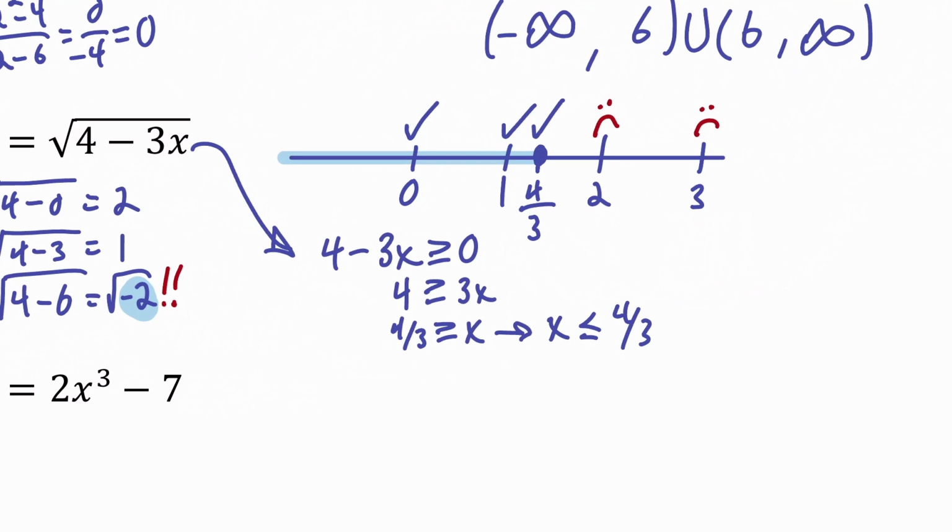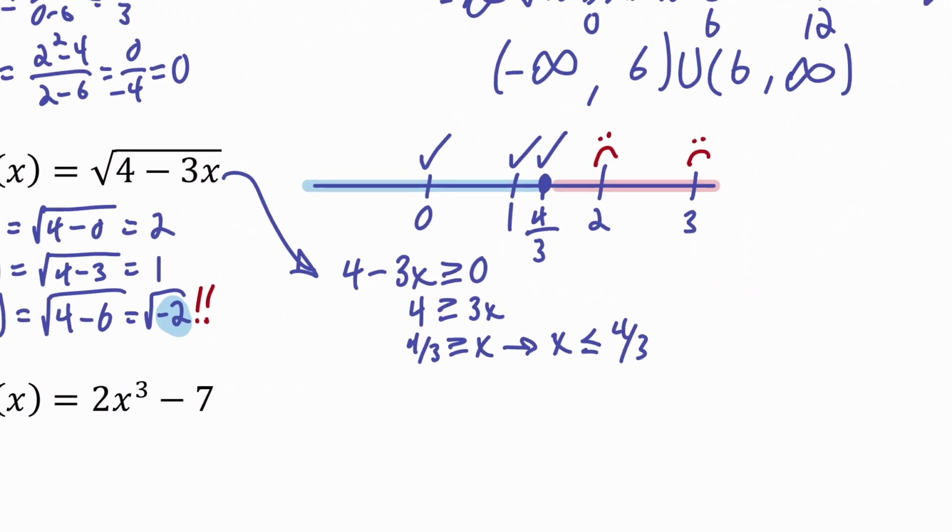But to the right, these are not part of the domain. They're not solutions to this inequality, and they're not part of the domain of the function. So when you have a square root, set up an inequality for the inside, greater than or equal to 0, and solve that inequality, and that will get you where the domain is.